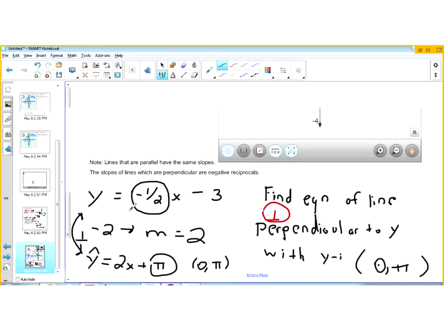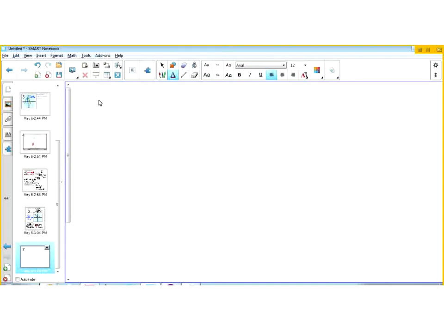So the next topic I want to talk about with regard to functions would be the notions of increasing and decreasing functions.